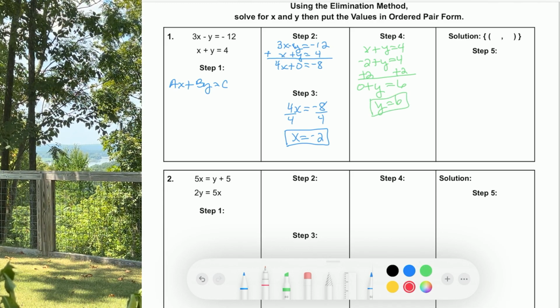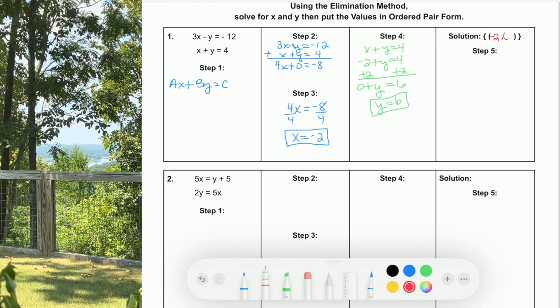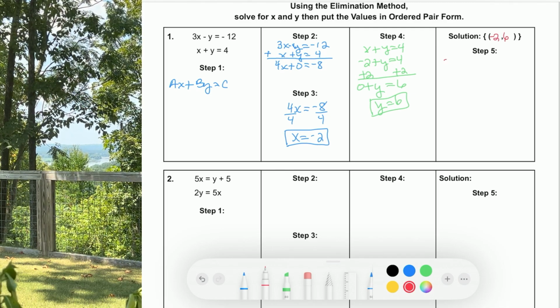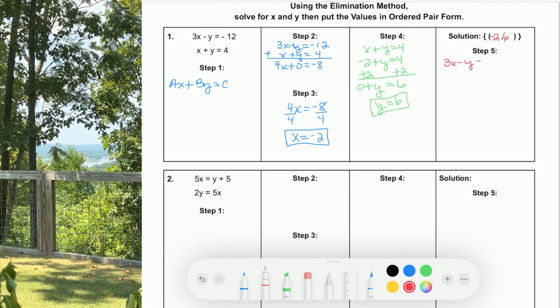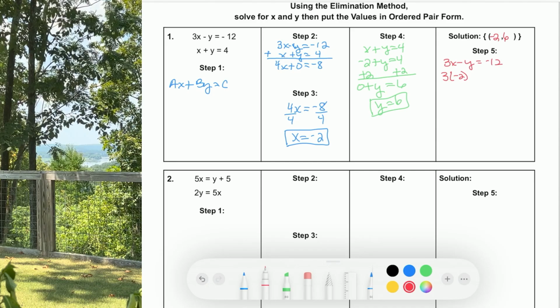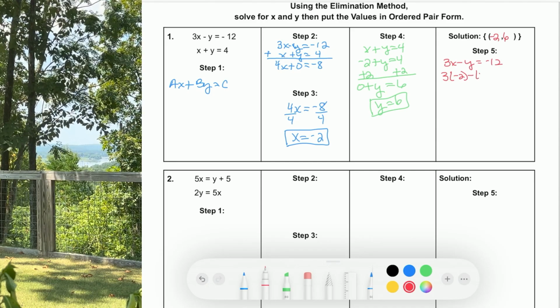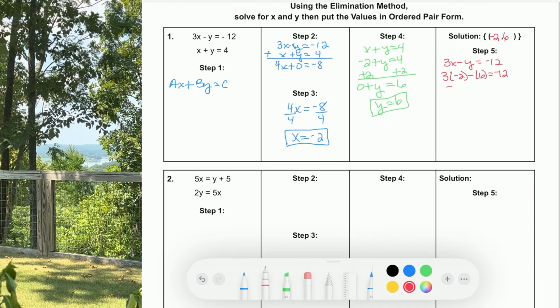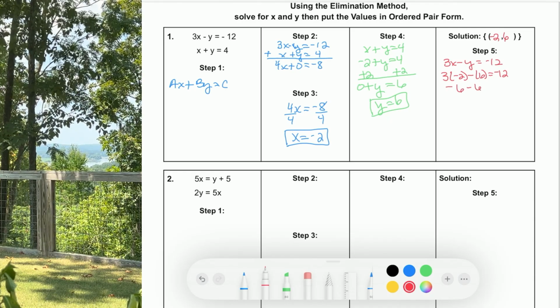It looks like I have my two values, so I'm going to put them in my solution over here, negative 2 and 6, but I need to verify, I need to double check. So 3x minus y equals negative 12: 3 times negative 2 minus that positive 6 equals negative 12. I get a negative 6 minus 6 equals negative 12.